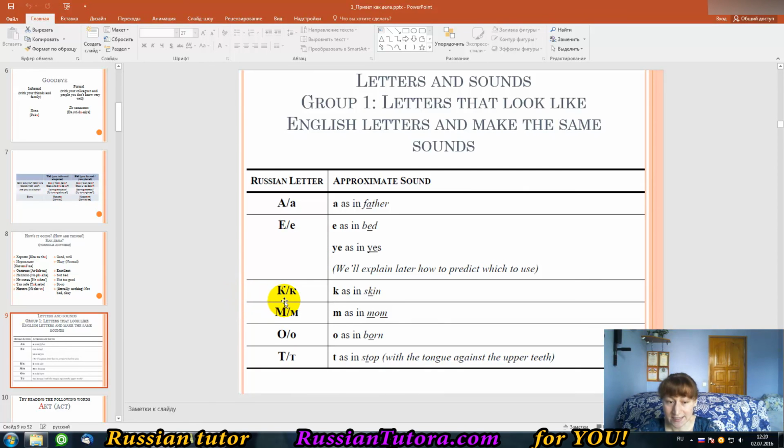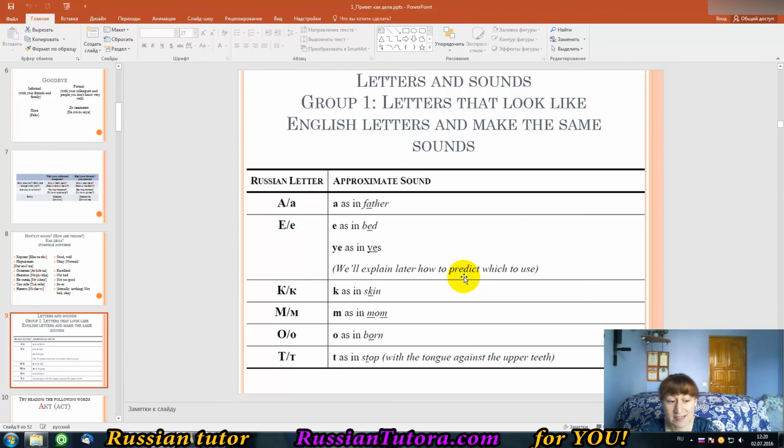The next letter is K. The sound is K. The next one is M. The sound is M, as in mom. The next one is O, as in born. And the last letter in this group is T. Okay?